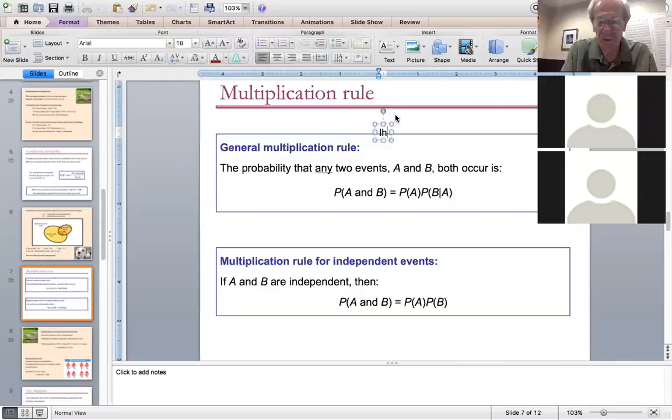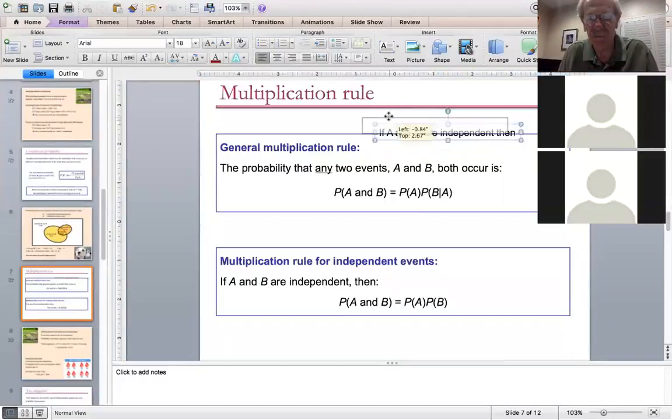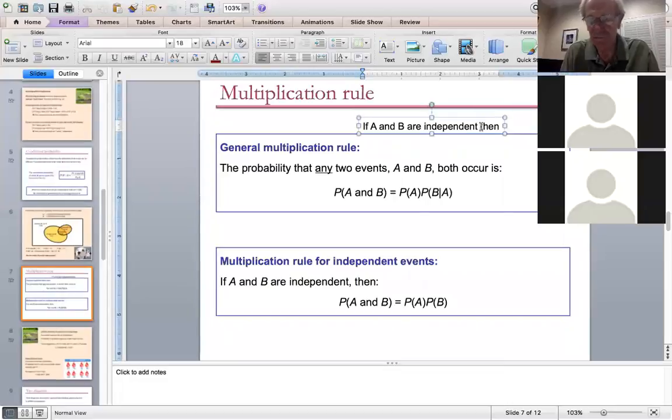If A and B are independent, then P of B given A equals P of B. Right.